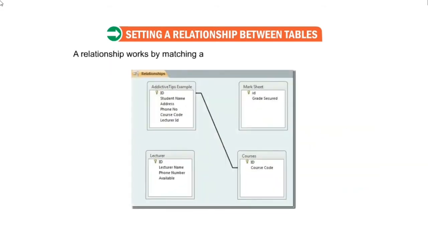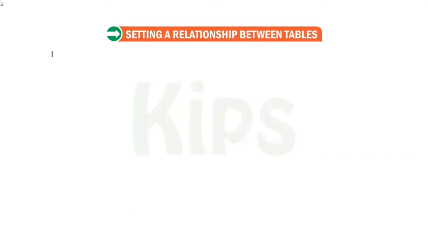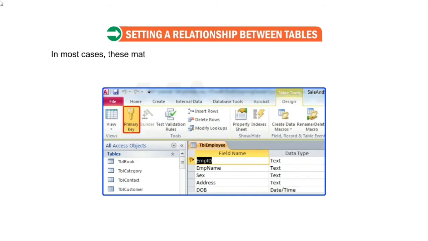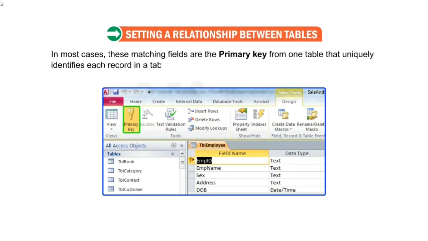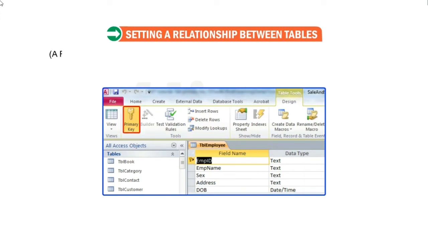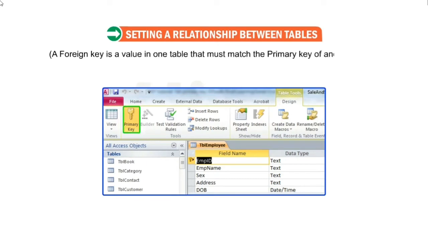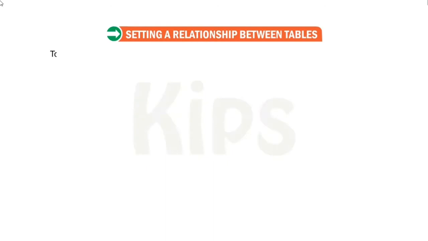A relationship works by matching a field with the same name in both tables. In most cases, these matching fields are the primary key from one table that uniquely identifies each record in a table, and a foreign key in the other table. A foreign key is a value in one table that must match the primary key of another table.